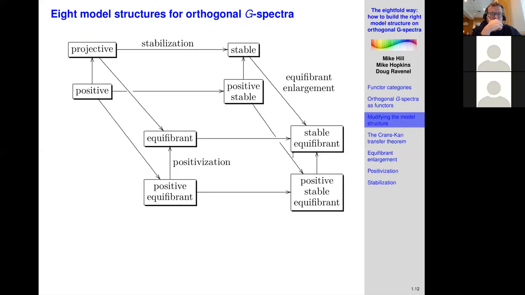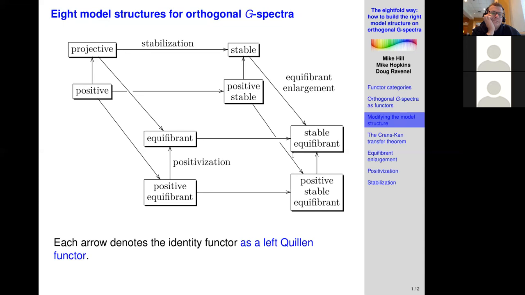You have these three constructions you can do, and they commute with each other. You can do them in any order, so you get a total of 8 different model structures on the category of orthogonal G spectra. And the one we want is the one in the lower right corner, the positive, stable, equifibrant model structure.